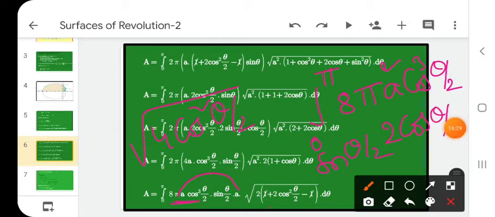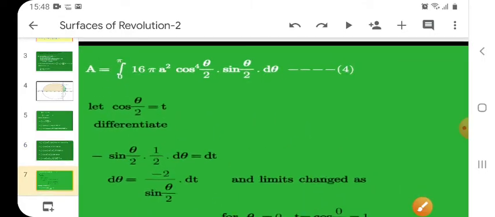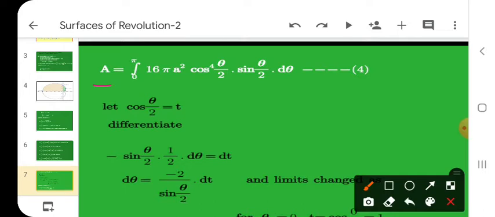Now multiply all: 2 into 8 is 16 pi a square, cos cube into cos power 4 theta by 2 into sin theta by 2. So integral 0 to pi 16 pi a square cos power 4 theta by 2 sin theta by 2 d theta. This is our equation.